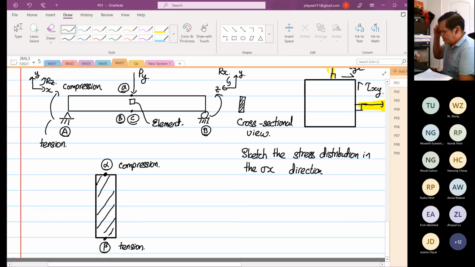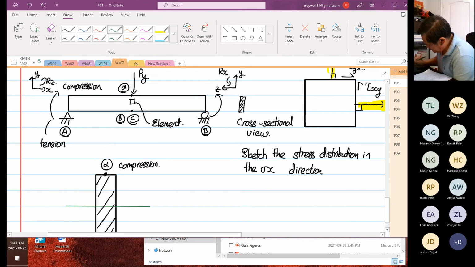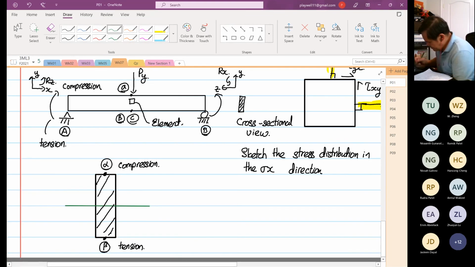So we are aware that the line down here, the line down here, this is our centroid. So the line down there, that is our centroid.